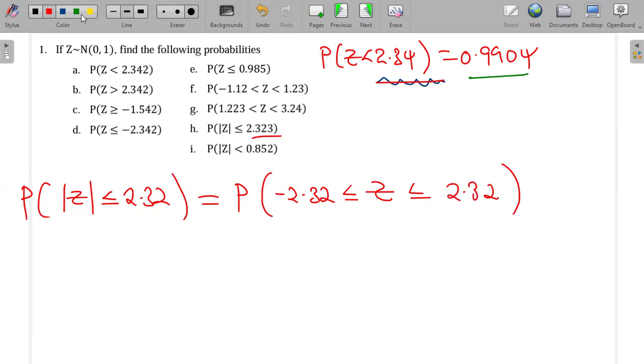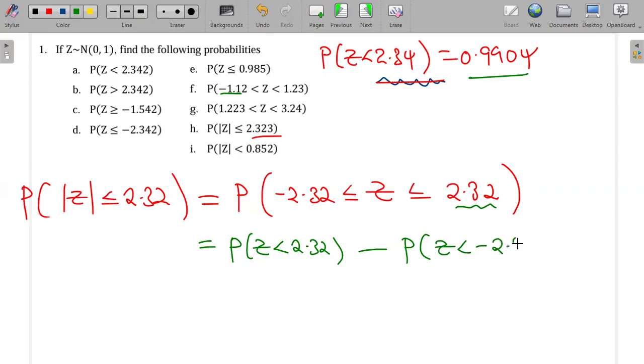So we handle it the way we handled the earlier one. It will be the probability that z is less than 2.32, minus the probability that z is less than minus 2.32. So we can go to the table and get this value and also get this value.